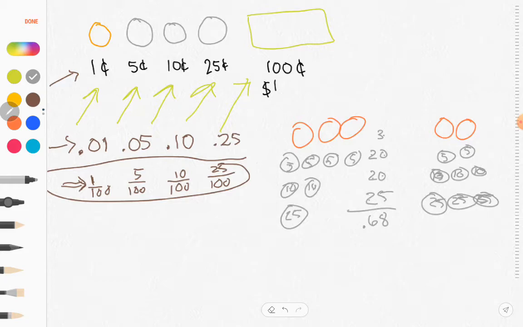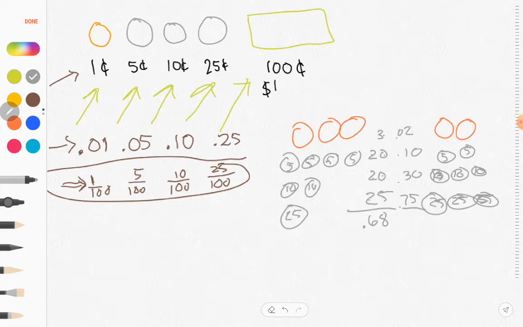Okay, let's add those up. We have 2, 10, 30, and 75. Alright, so that's 75 cents, 30 cents, 10 cents, and 2 cents.